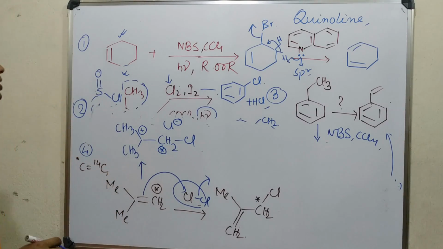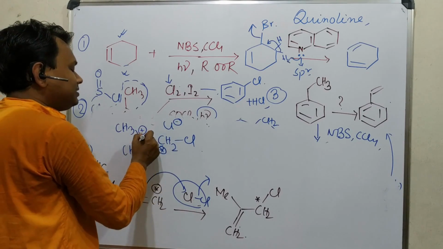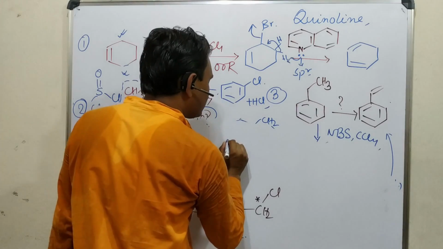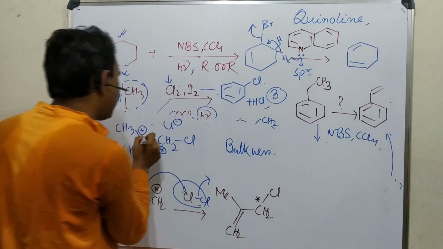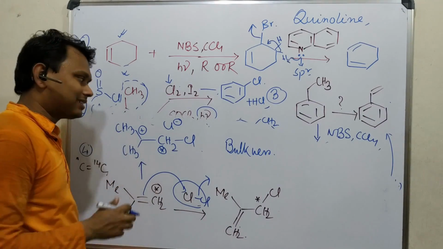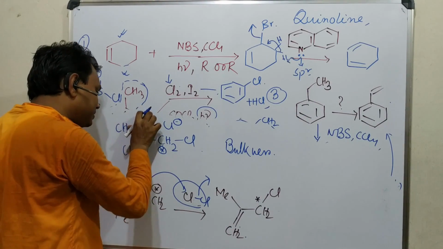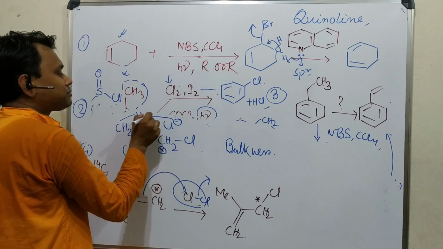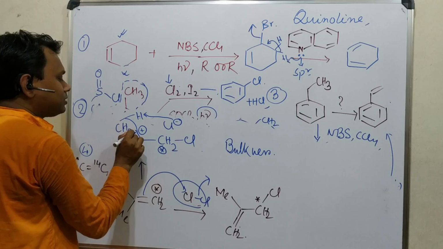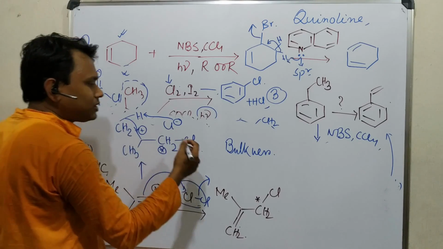Okay. So now question, chlorine can attack in this, but that is difficult because of bulkiness. Chlorine can't attack at this position actually because of bulk. Instead of that it can do one thing: CH2, there is another H. So it can abstract this and in this way it will come here. So in this way the charge will be balanced.